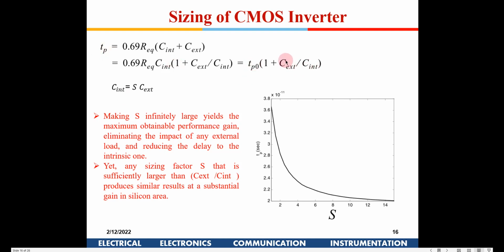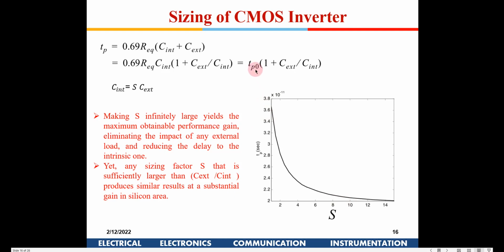It will only offset this C external, because now higher currents can flow. So the external load can get charged faster, but TPO does not get changed. So with increasing S, you will find that the total delay is approaching TPO.